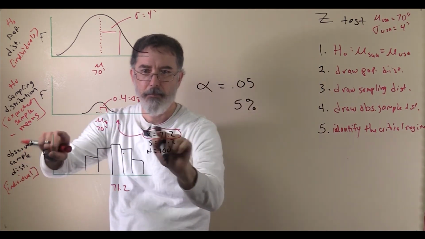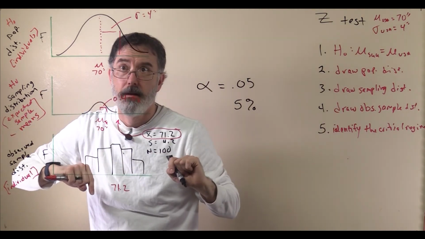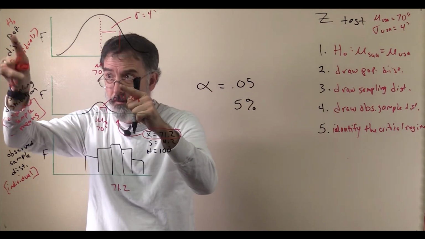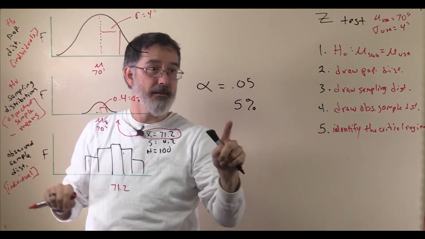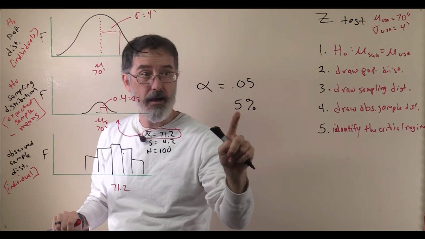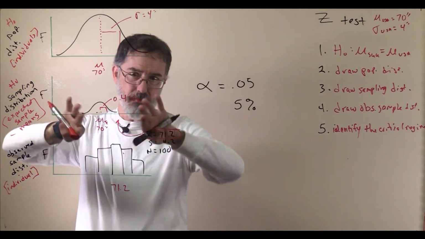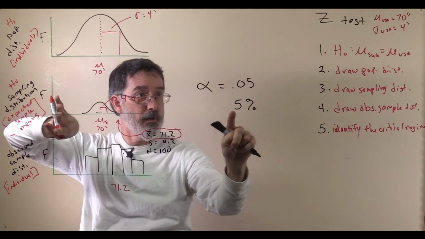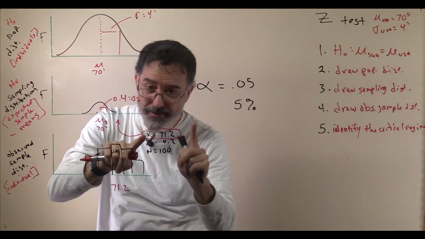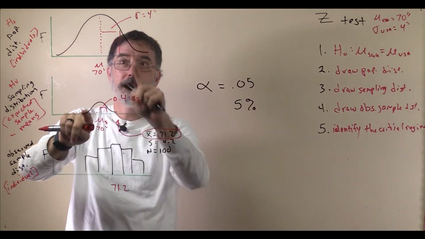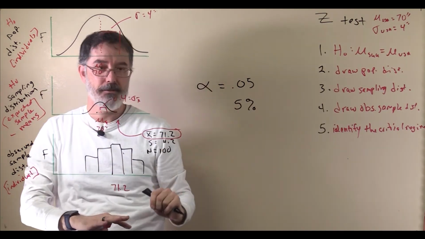And what this means is that of all the different sample means that you'd expect, if the null hypothesis is true, right, this is all if the null hypothesis is true, if your sample is so extreme, so unlikely that it only occurs 5% of the time, or 0.05 out of 1, this is the proportion version, if it's so unlikely it only occurs 1 out of 20 times, we're going to reject the null hypothesis. We're going to decide our sample is not from this population because it was so unlikely, and that instead it was from a different population.